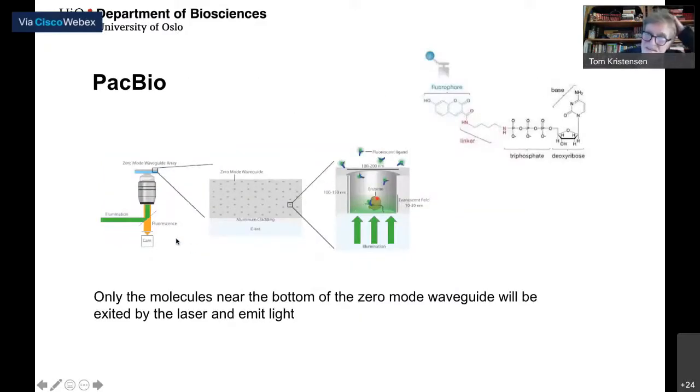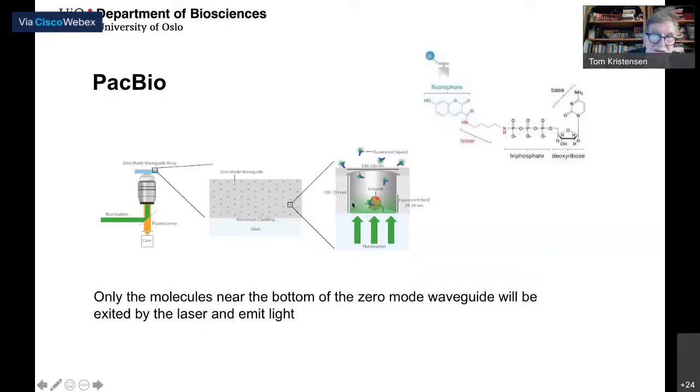This illustrates more or less the same thing, except that this figure shows us that we have a number of these zero mode waveguides on the substrate here. So in each of these black regions here, we have an immobilized polymerase which will synthesize DNA based on the template sequence.